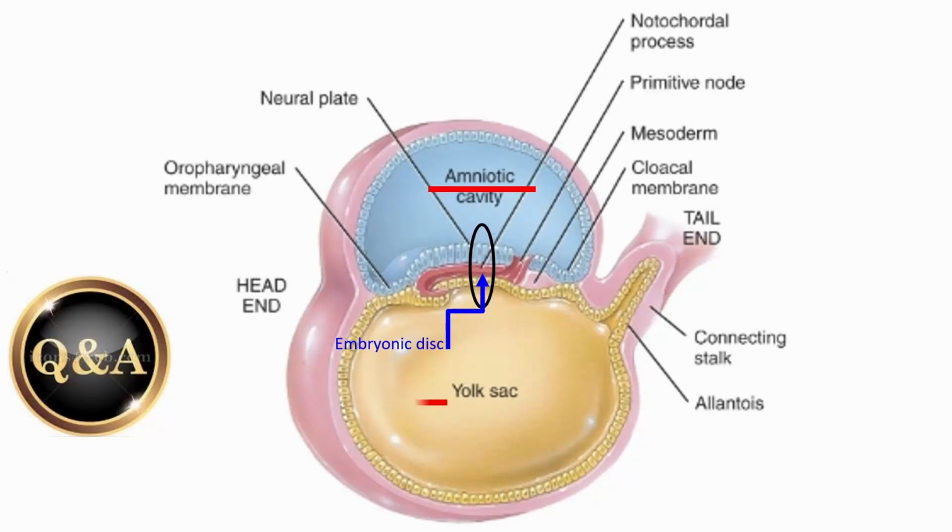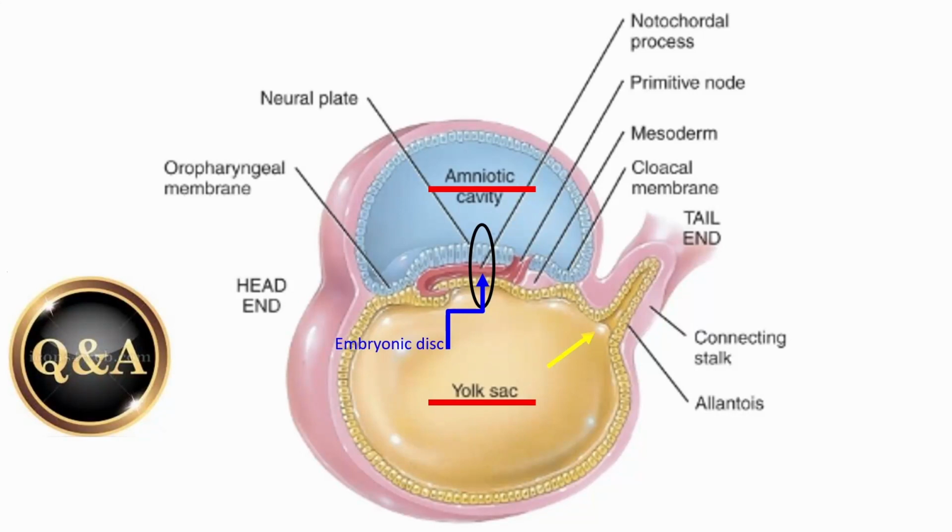Now, under the embryonic disc, we have another sac, the yellow colored sac, and this is called the yolk sac. What is it filled with? It's a space filled with nutrient fluid for the embryonic disc.